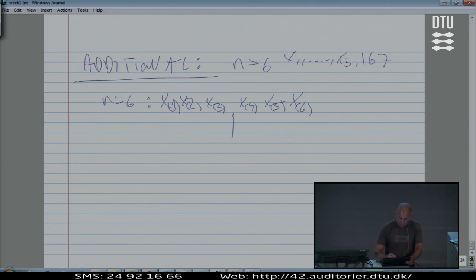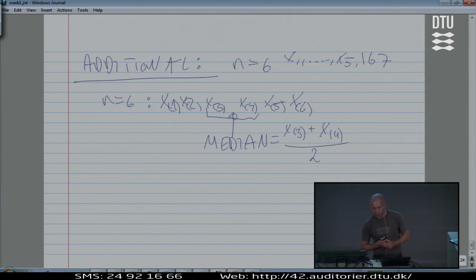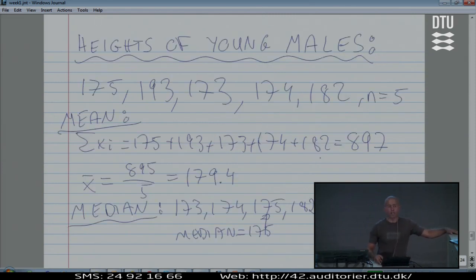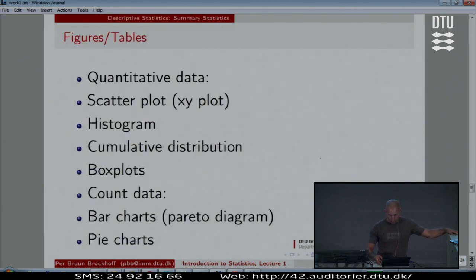There is no middle number, so the median would be the average of the third and the fourth observation, right? That was just to exemplify this. Good. That was the median, a more robust measure of where we are.